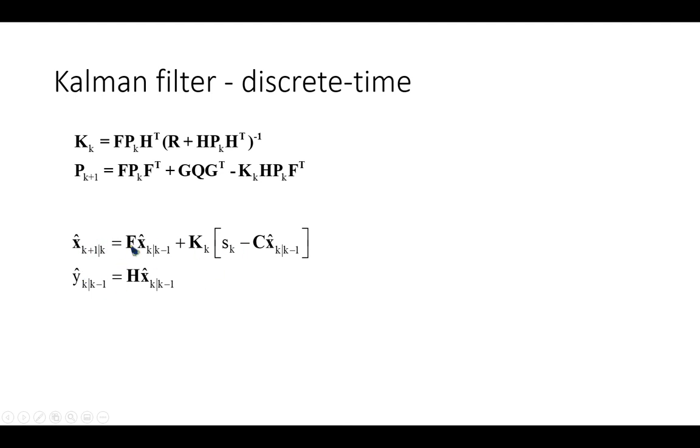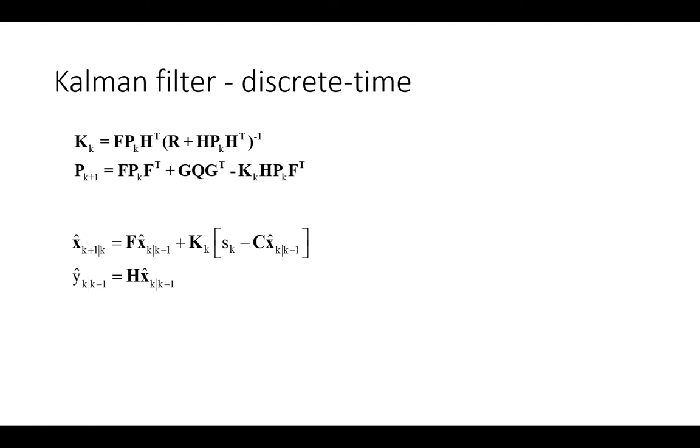x hat k plus 1 is F x hat k given k minus 1 plus K at time k times the error. Now K at time k means that K is changing with time, but if you iterate this in time and the noise is stationary, K converges to a constant value. It doesn't become K subscript k, it just becomes a constant matrix K, which we can use.